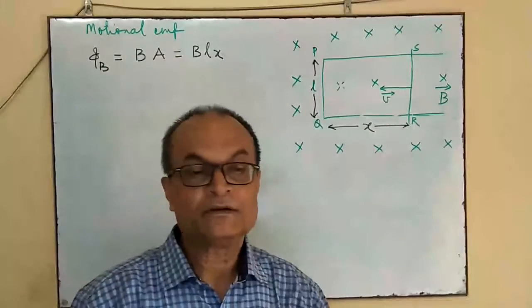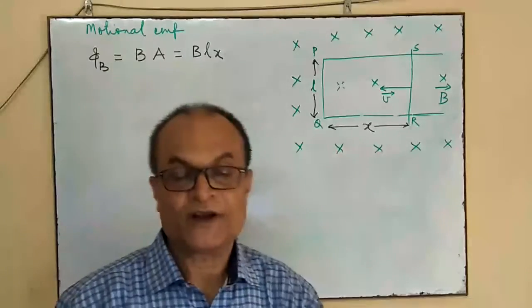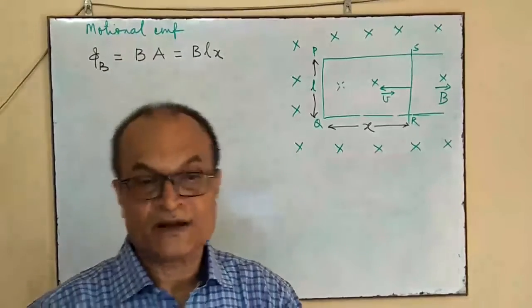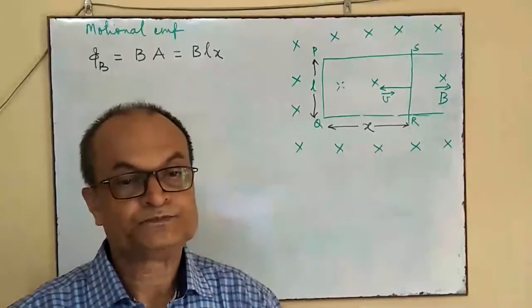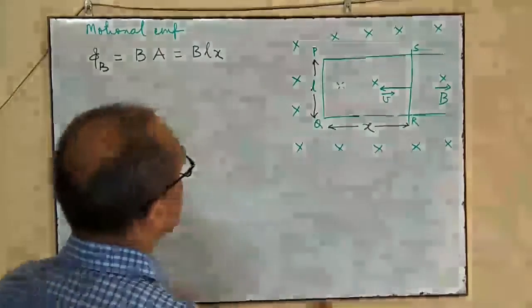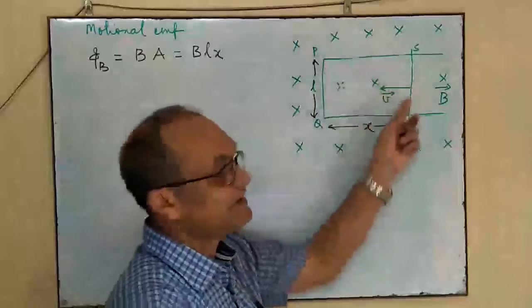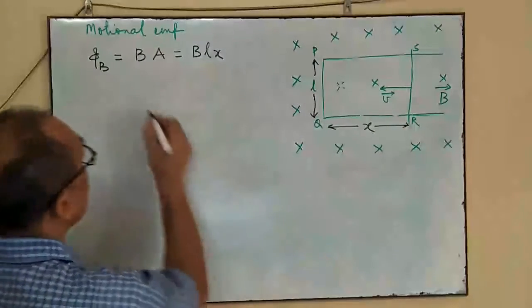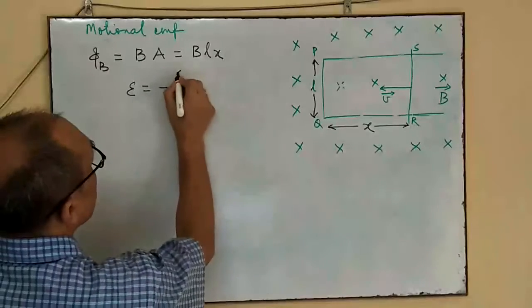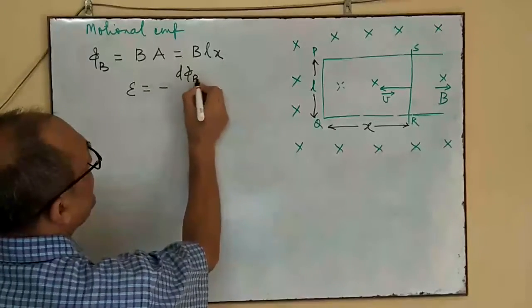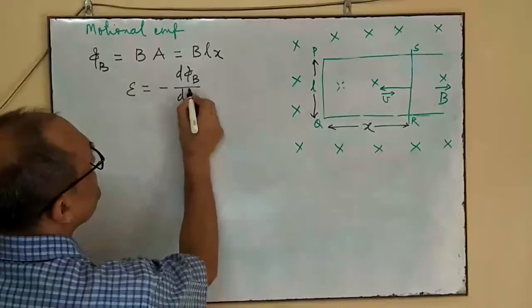What we know here, according to Faraday's law of electromagnetic induction, the induced EMF in this circuit is epsilon equals minus d phi B by dt.